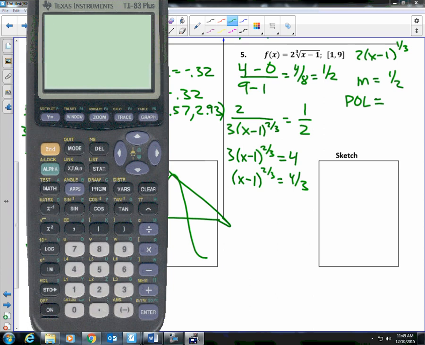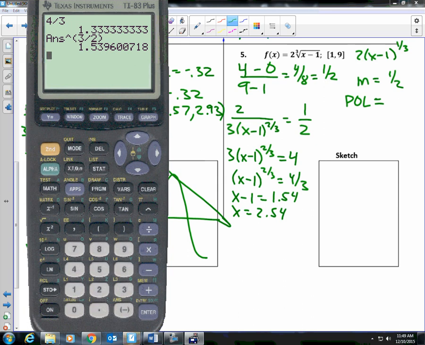So I have to take 4/3 to the 3/2. 4 divided by 3, I'll raise that to the 3 divided by 2. And I get 1.54. So 2.54 is my x value.